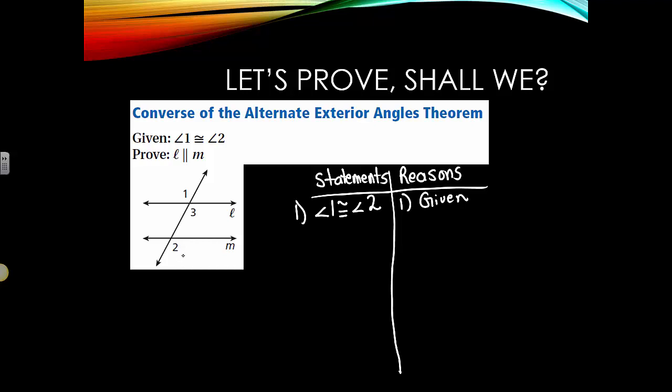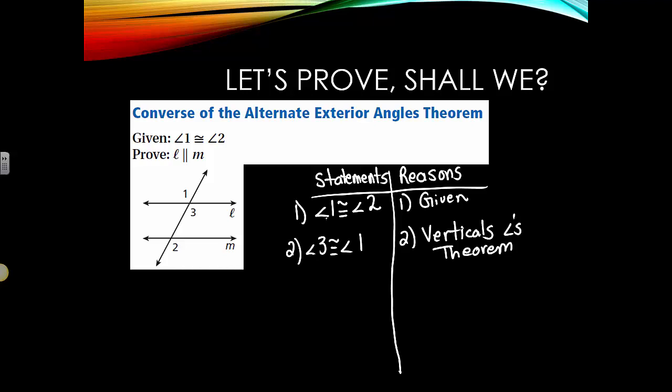Those are alternate exterior angles. We somehow have to prove that those lines are parallel. But I also know that angle 3 is congruent to angle 1, and that is by the vertical angles theorem.